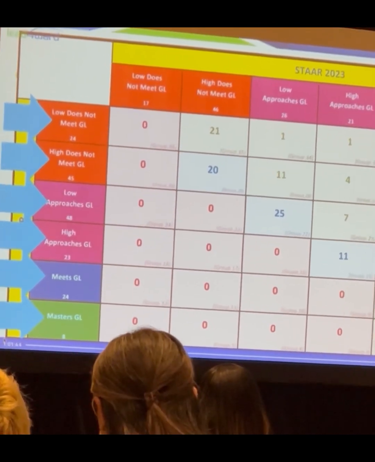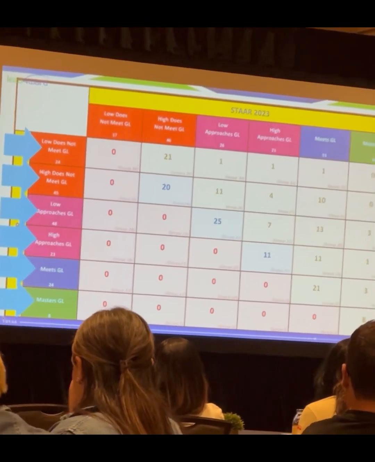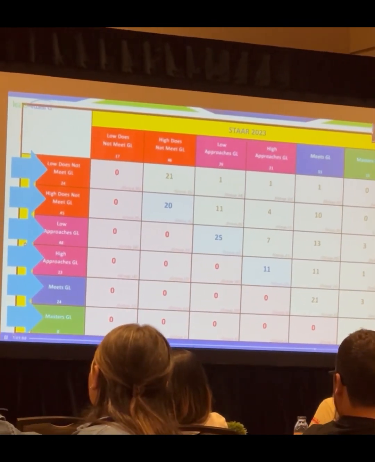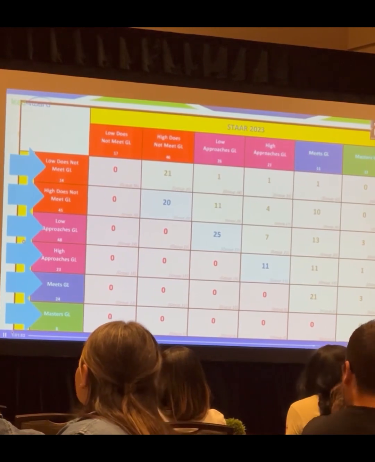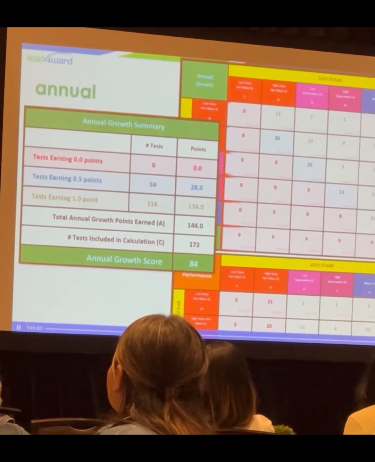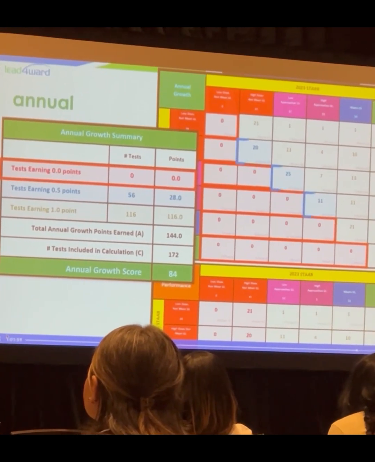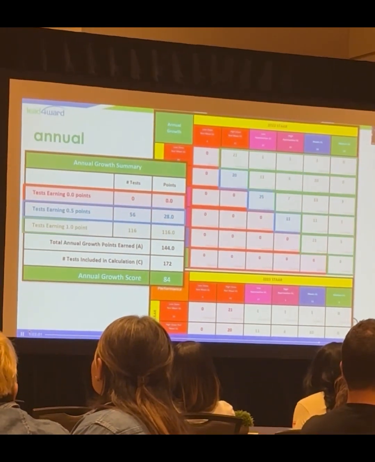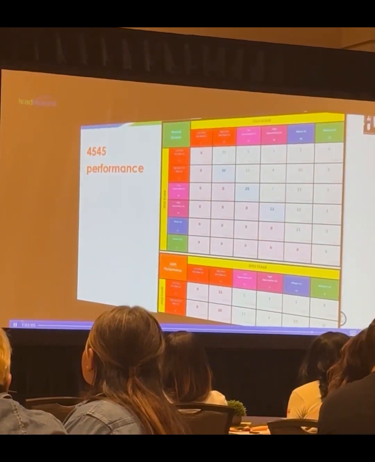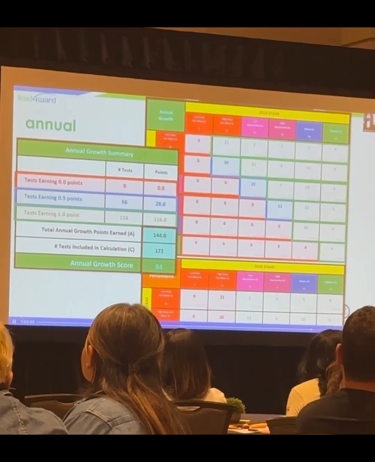So this still has a fair number of results in blue where we, quote, only get half a point. But the reality is if we can approach a world where every single student makes academic growth, where we have zeros in the reds, what we end up with is an annual growth score of 84.